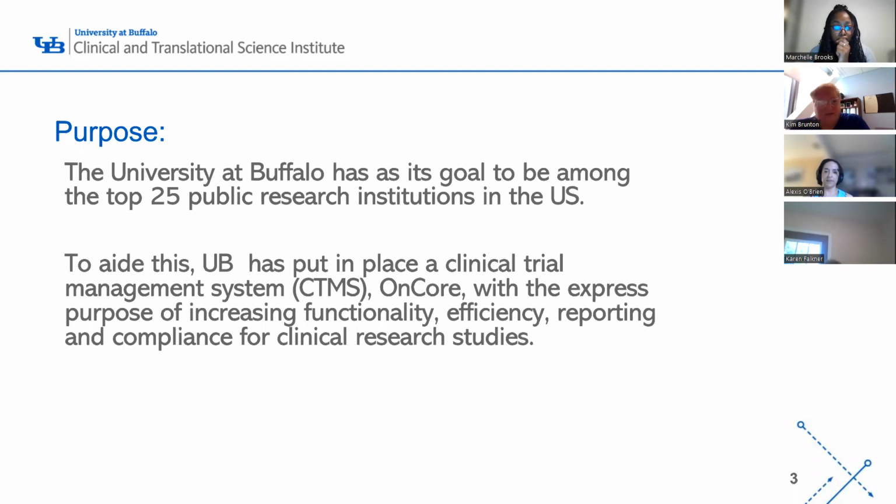To that end, we have OnCore in place. OnCore is a clinical trial management system, and it's basically so that we can increase our functionality, our efficiency, the reporting, which is huge, and also compliance. So OnCore is going to help us achieve that through managing the study throughout the life of the study.